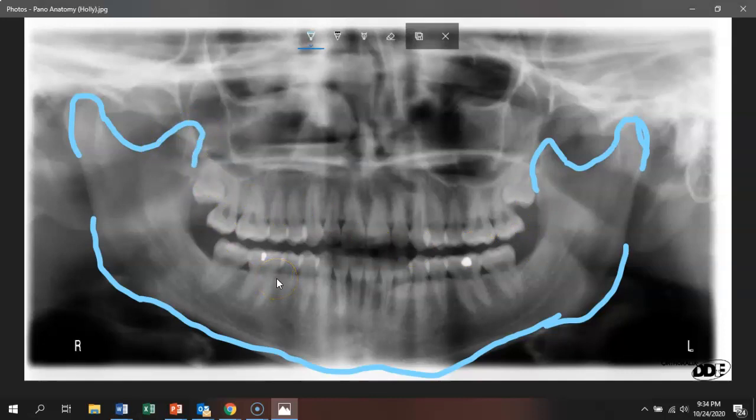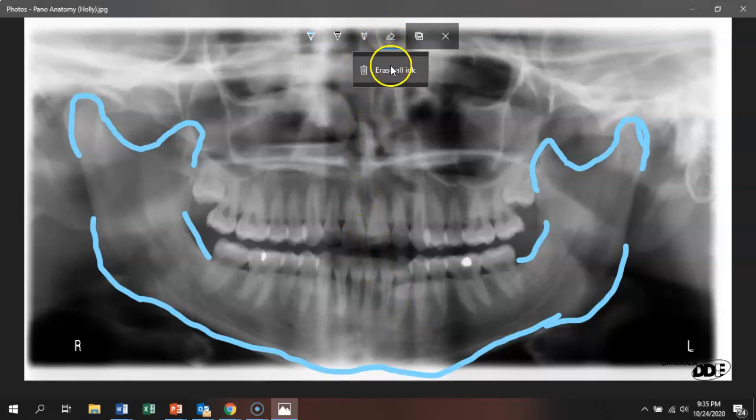Now take a second to point out the external oblique ridge. Here and here. Okay, good.